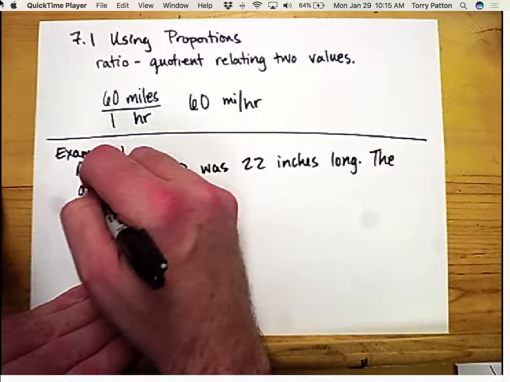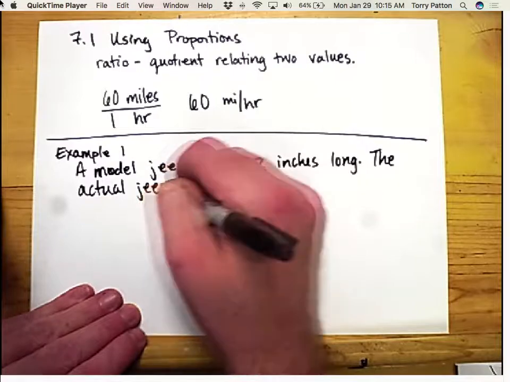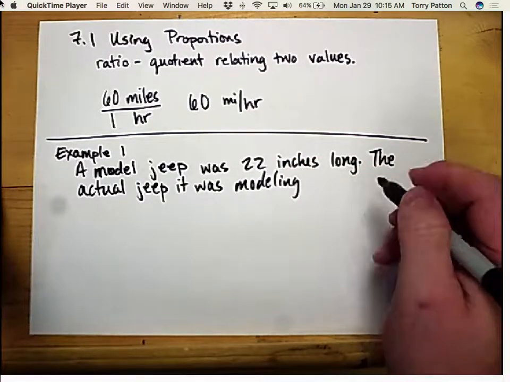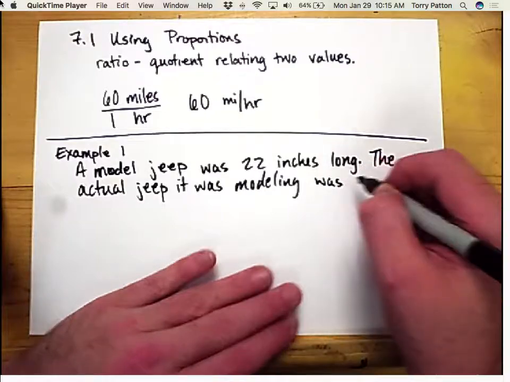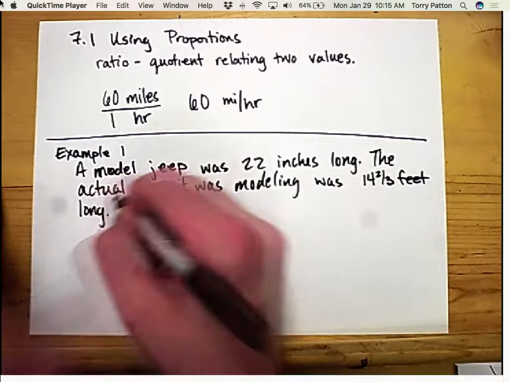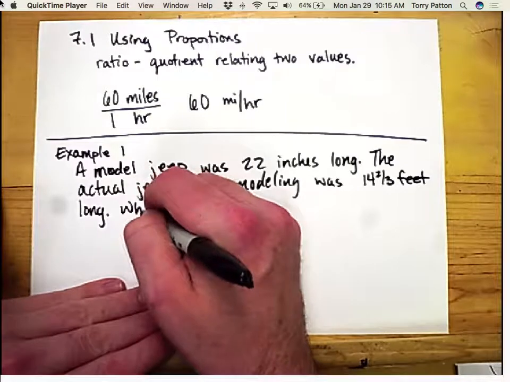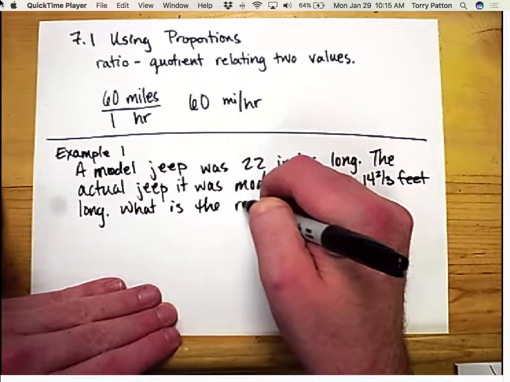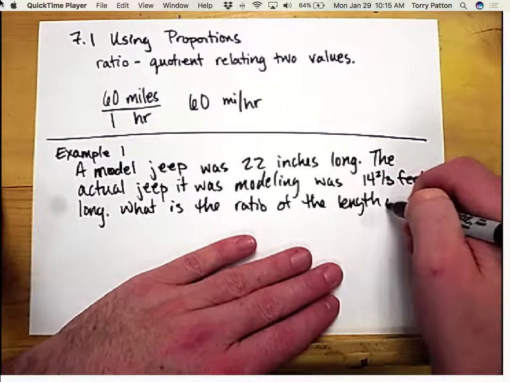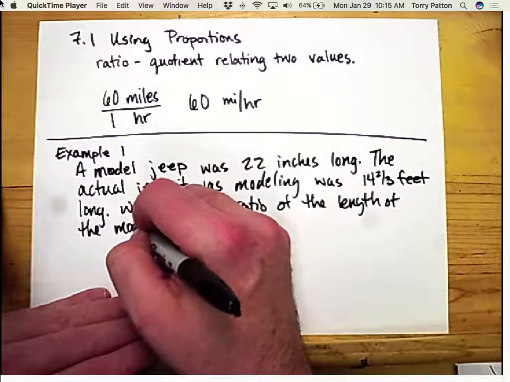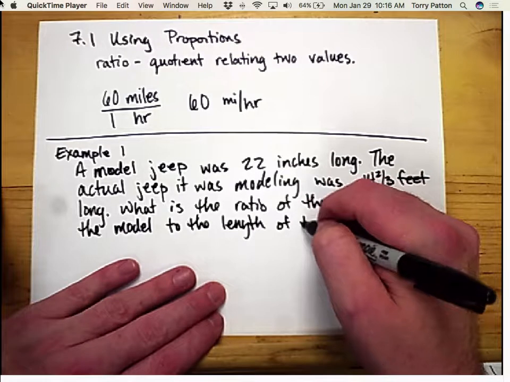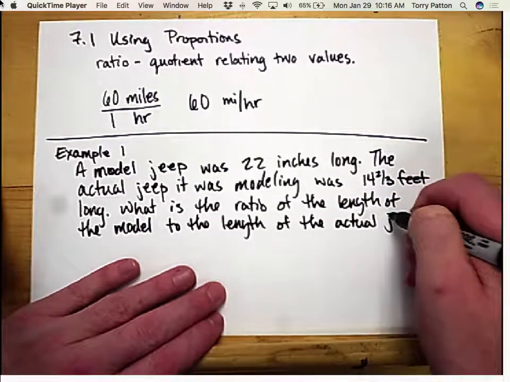The actual Jeep it was modeling was 14 2/3 feet long. What is the ratio of the length of the model to the length of the actual Jeep?